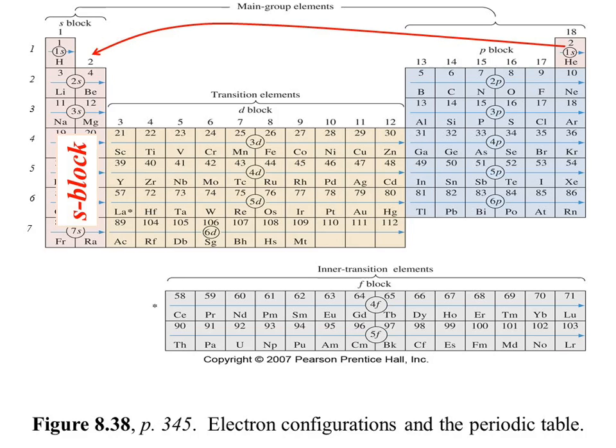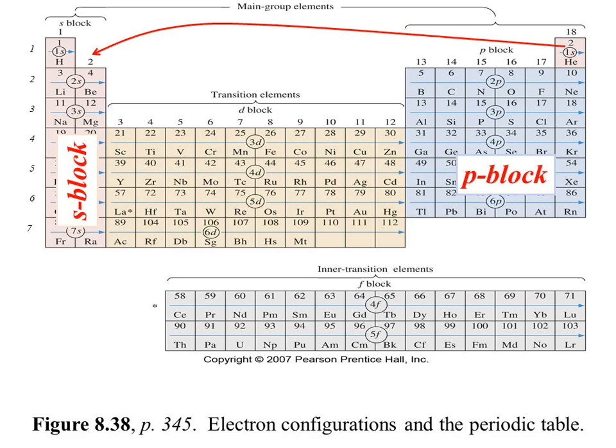We're going to skip the transition elements for now and go over here. To finish out, these are what we call 3A through 8A: 3A, 4A, 5A, 6A, 7A, and 8A. They finish out the main group elements. Those are P block, so we're adding P-type electrons.